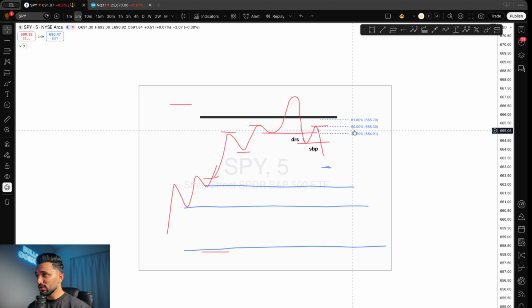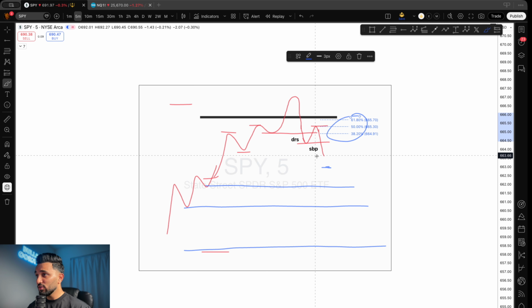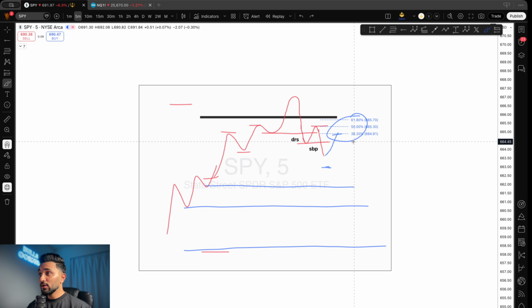Usually I go for the 50 to 61 high value zone. Price pulls back into the high value zone. That is where I'm going to take my entry, and I'm going to put my stop loss at the manipulation candle high. Then we're going to target all these levels down here, and we're going to catch this massive move with a very tight stop loss right here. So this is how I trade the reversal model.